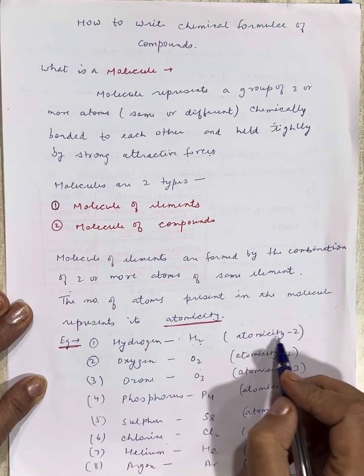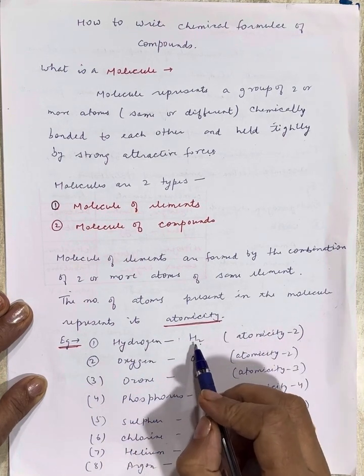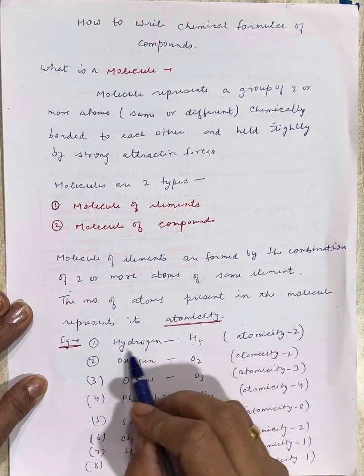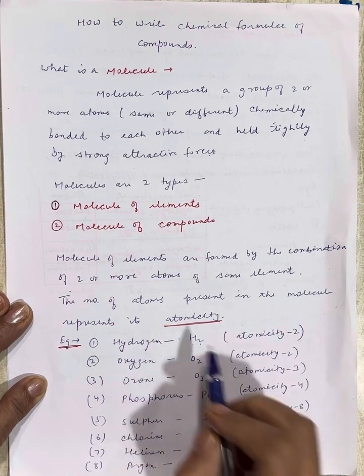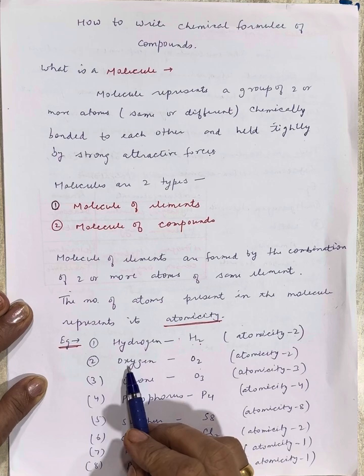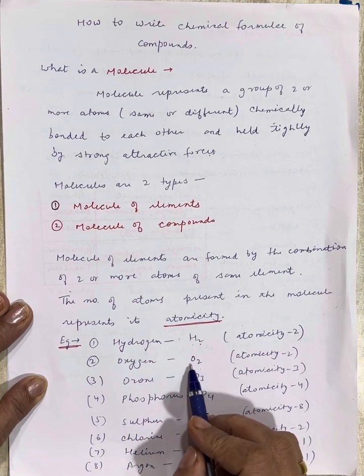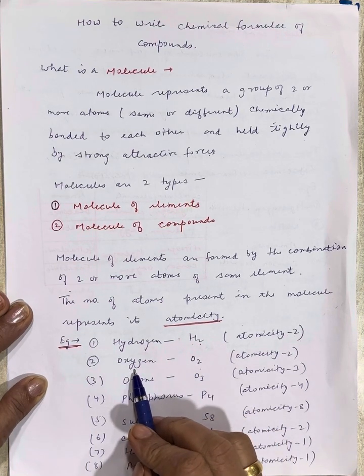So we say the atomicity of hydrogen is 2, because two hydrogen atoms are combined to form the molecule of hydrogen. Similarly, in oxygen, two atoms are there to form an oxygen molecule.